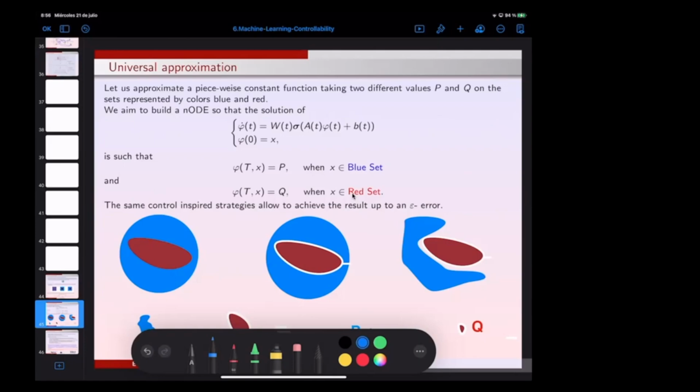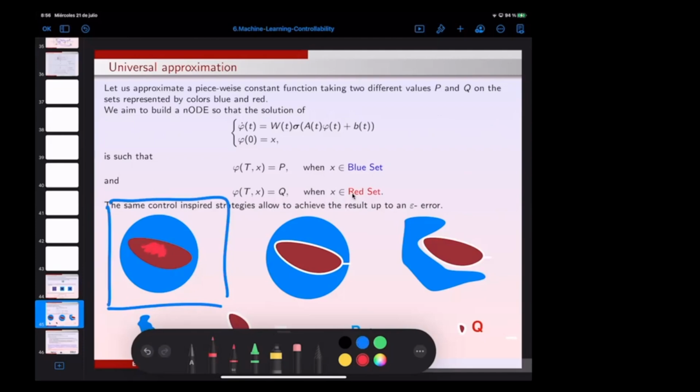So we do it here in a continuous setting. Assume you are given this configuration here. Now we are talking about continuous functions. So this could be, for instance, the characteristic function of this red set here. So you have this kind of ellipse, or lentil here.